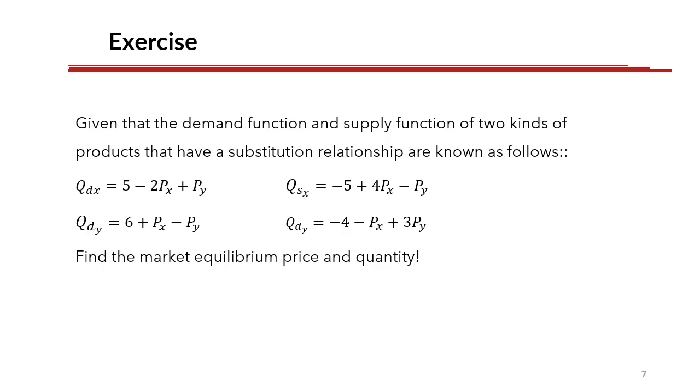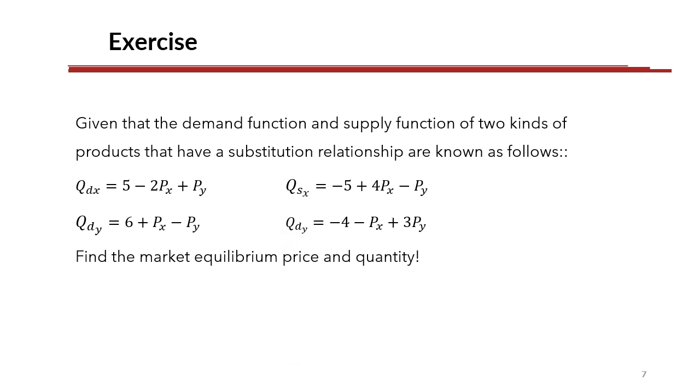Okay, so we go now to the exercise. Given that the demand function and supply function of two kinds of products that have a substitution relationship are known as follows. Here you can see the demand function for x, demand function for y, supply function for x, supply function for y. Find the market equilibrium price and quantity.